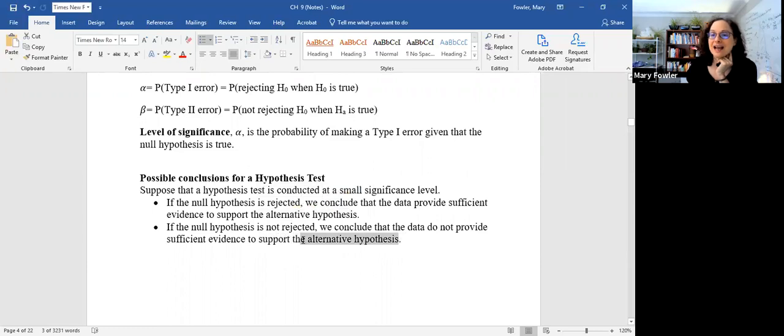We are really testing to determine whether we can support the alternative. We never really state that the data supports the null. That's a little complicated, but once we start doing problems, I think it will get clearer how to work with these possible conclusions for the hypothesis test. All right, see you in the next video.